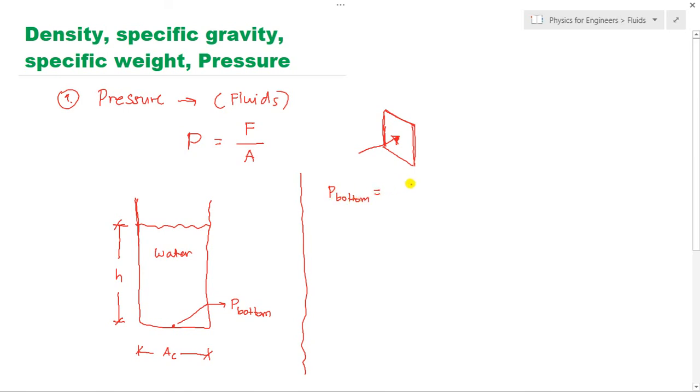is just equal to the force, of course, of this entire water here, this entire water pushing, right? It exerts a force downward, right?